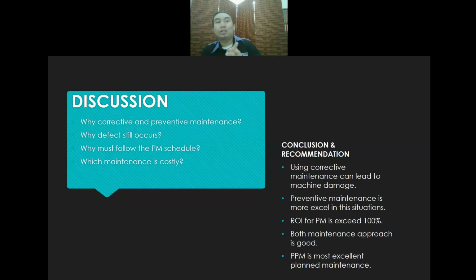Second, why do defects still occur? Defects still occur due to lack of PPM or PM, because workers tend to use corrective maintenance more.